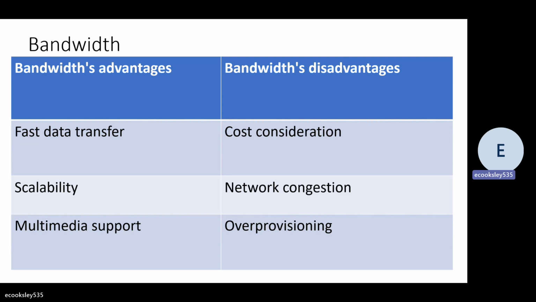This can also impact the user experience and the overall network efficiency. And then next we have over provisioning. Overestimating bandwidth requirements can lead to unnecessary costs and underutilization of network resources. It's essential to strike a balance between meeting current needs and planning for future growth.